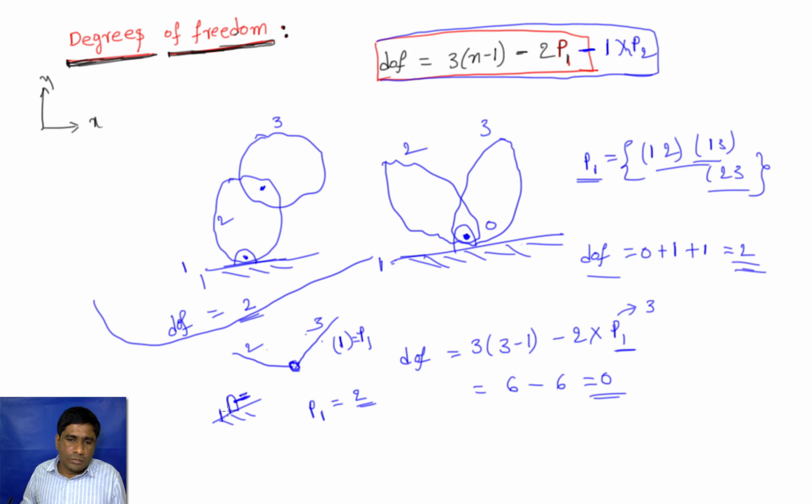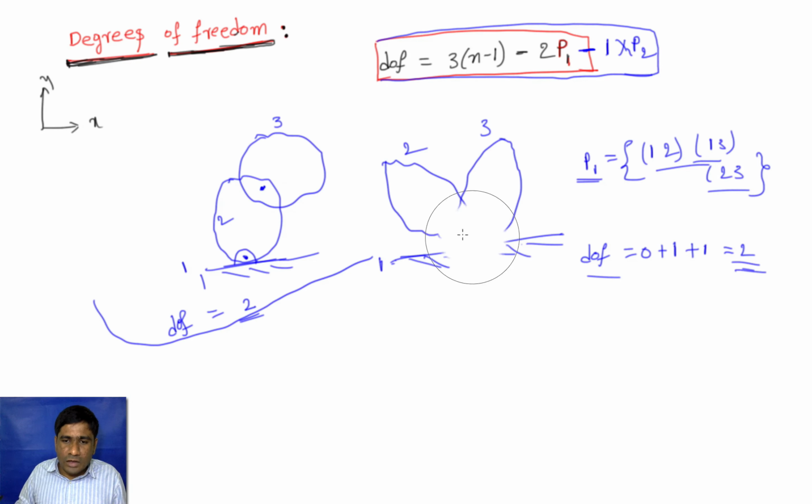Whenever we have a situation like this where more than two links are joined with a revolute joint, then p1, the number of pairs having 1 degree of freedom, should be taken as follows.